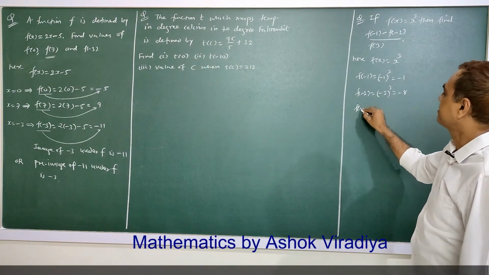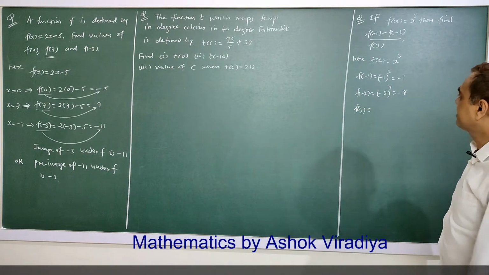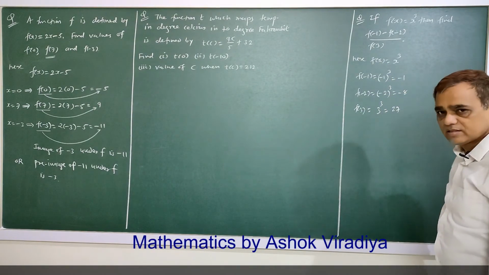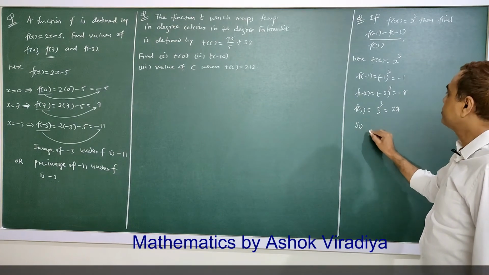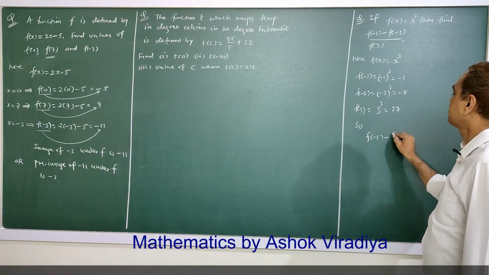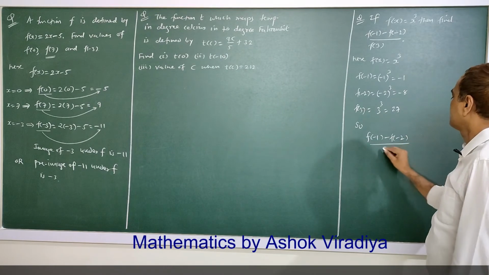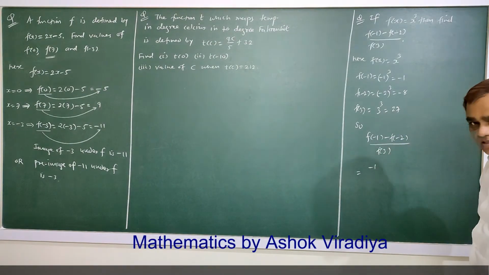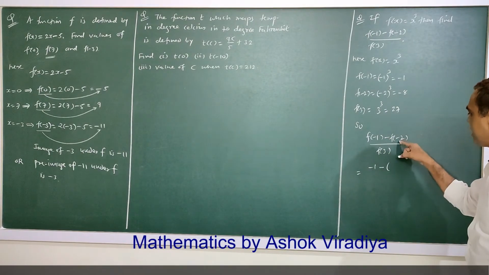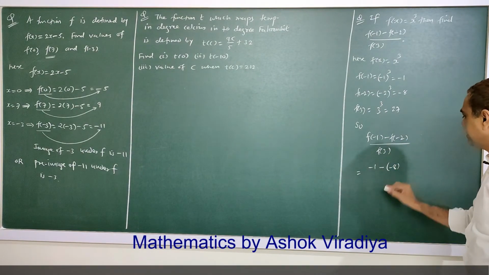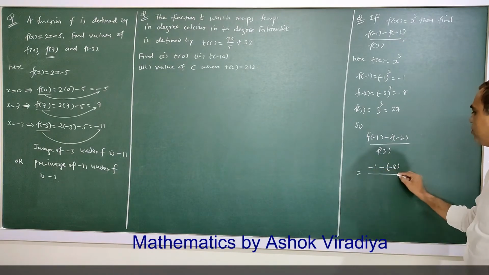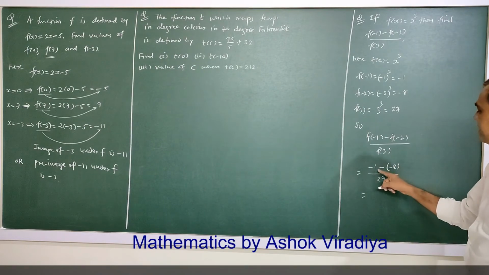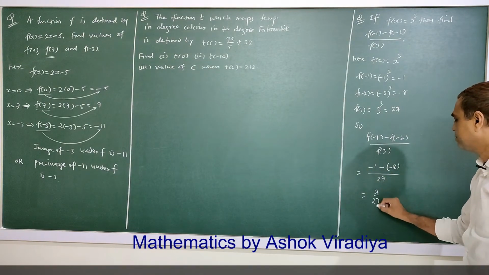And putting 3, f of 3 is 3 cube, that is 27. So putting these values in this expression, f of minus 1 is minus 1, minus f of minus 2 is minus 8, upon f of 3 is 27. So plus 8 minus 1, 7 by 27.